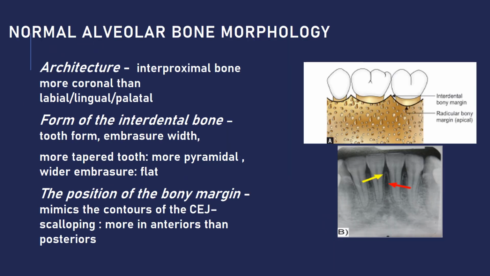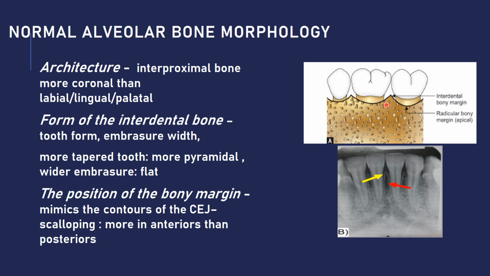So coming to normal alveolar bone morphology. What is normal alveolar bone morphology? It is very important to know this in order to perform resective osseous surgery correctly. The scalloping depends on both tooth and tooth root form and tooth position in the alveolus. So a normal architecture will always be like this. The interdental bone will be more coronal than the labial, lingual or palatal bone. You can see that this is a normal structure.